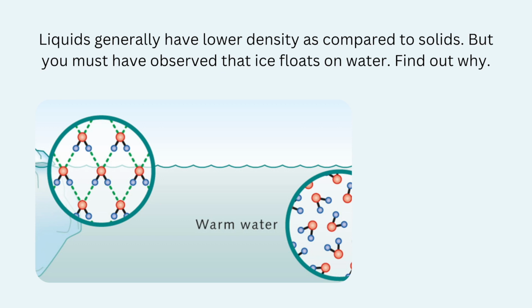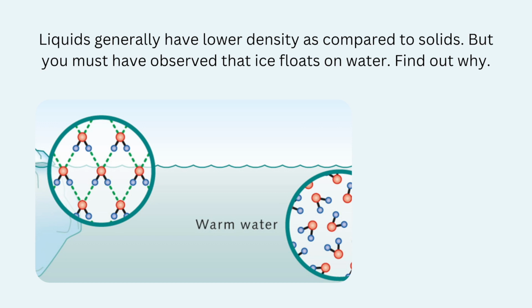Now moving on to the next question: liquids generally have lower density as compared to solids. But you must have observed that ice floats on water. Find out why. We already saw, when seeing density, that for the same volume we compare the weights to see which has more density.